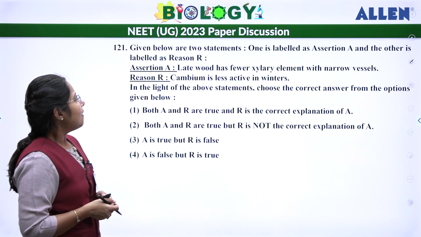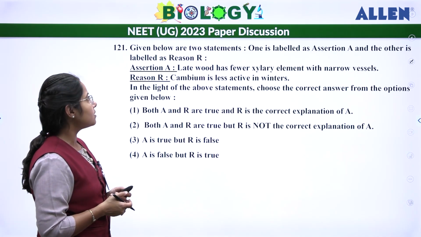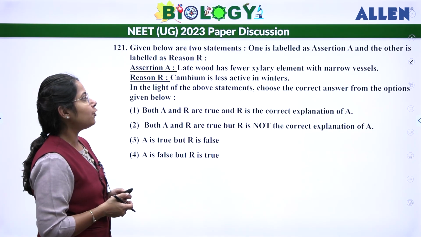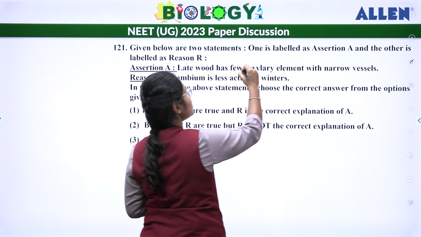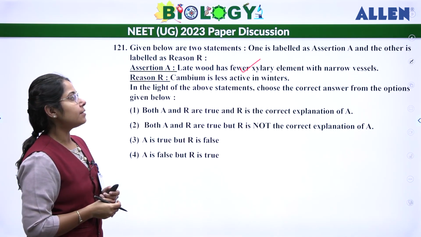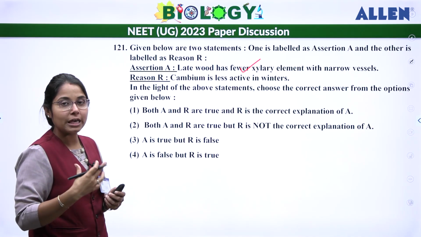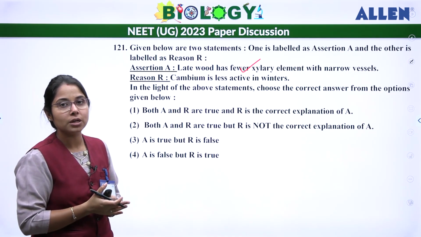Next, given below are the two statements. One is labelled as assertion and the other is labelled as reason. Assertion: late wood has fewer xylary elements with narrow vessels, which is true. This statement is true. Why? Because cambium is less active in winter. So in the winter the requirement of water is less, so the cambium will be less active, due to which it will form the autumn wood or the late wood.